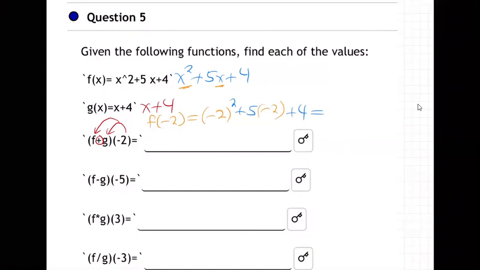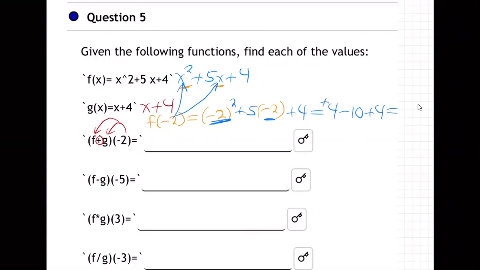I just plugged -2 in there, into f, right? f of -2 here and here, just plugged it into the x slots, both x slots, for the function f of x. So that'll be 4 minus 10 plus 4. I just worked it in. -2 squared is +4, right?